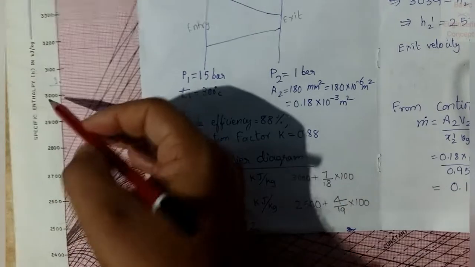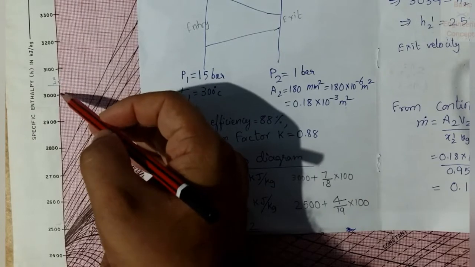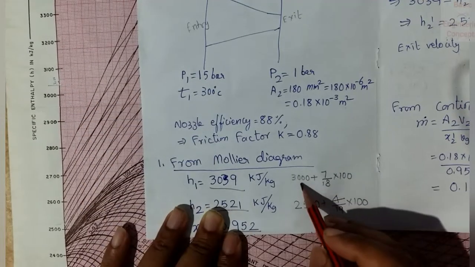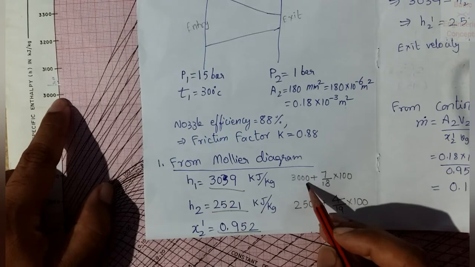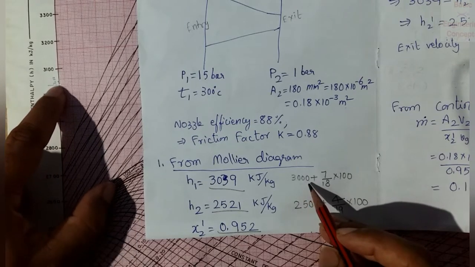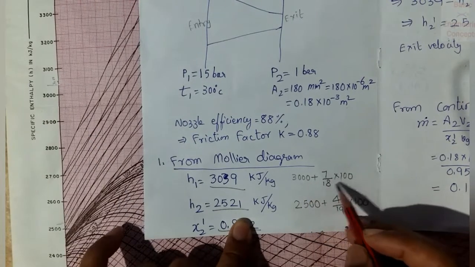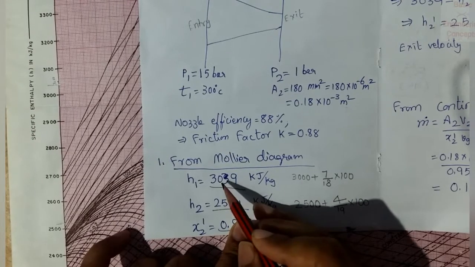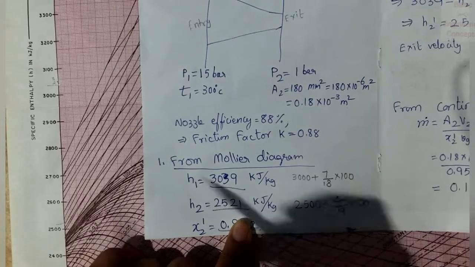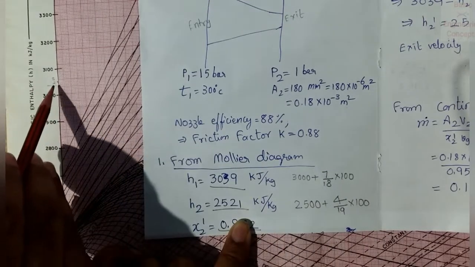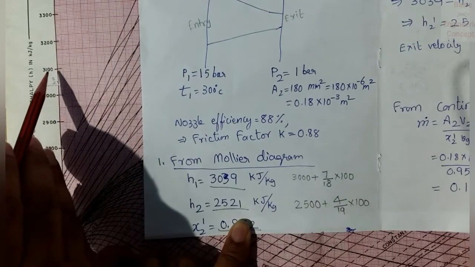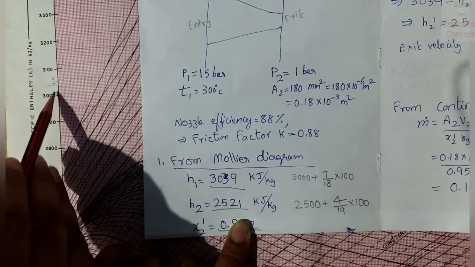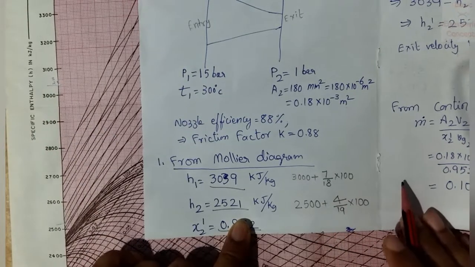The difference between 3000 and 3100 is 100. So h1 is 3000 plus 7 divided by 18 into 100. That is, 3000 plus 7 out of 18 lines, so 7 by 18 into 100.